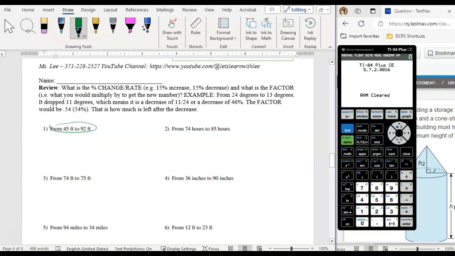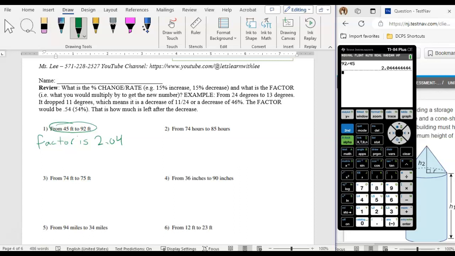If we're looking at the percent change from 45 to 92 feet, then we can say 92 divided by 45 gives us our factor. So the factor is 2.04, which means that it is growing to 204% of the original value.